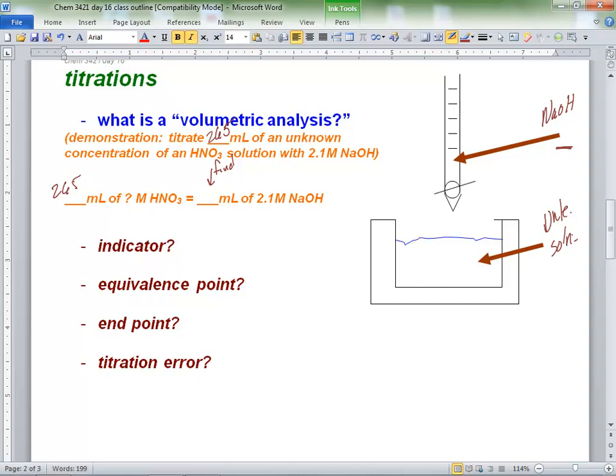Now, there is something called indicator error. You put a few drops in there and stir it up. Indicator error is, number one, you could use the wrong indicator. These indicators just change color at a certain pH, at their pKa, really. We'll get into this a lot deeper, but you only use phenolphthalein when you're adding a strong acid and a strong base.